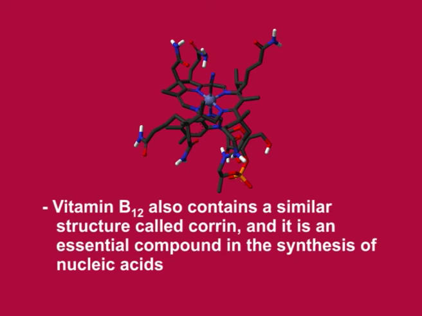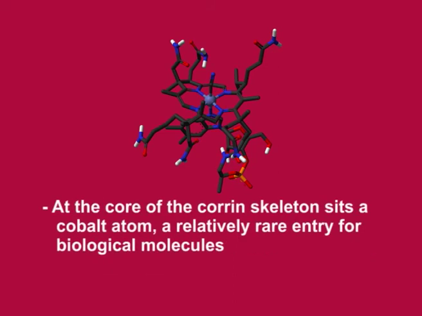Vitamin B12 also contains a similar structure called corrin, and it is an essential compound in the synthesis of nucleic acids. At the core of the corrin skeleton sits a cobalt atom, a relatively rare entry for a biological molecule. As you see, the overall structure of vitamin B12 is exceptionally complicated.